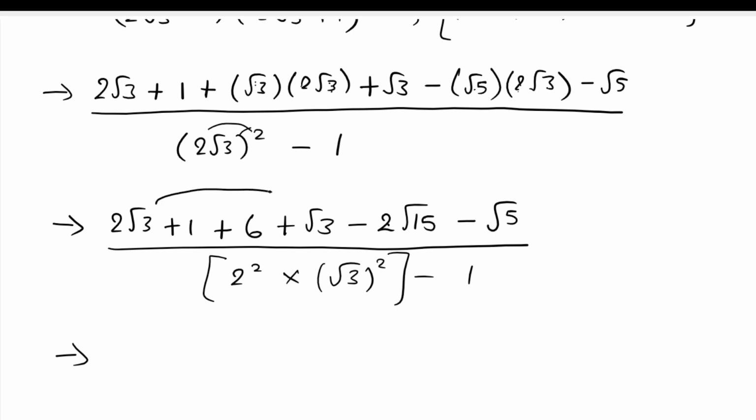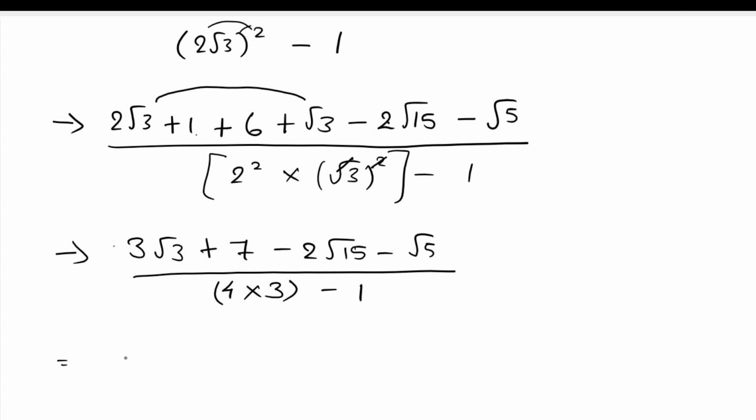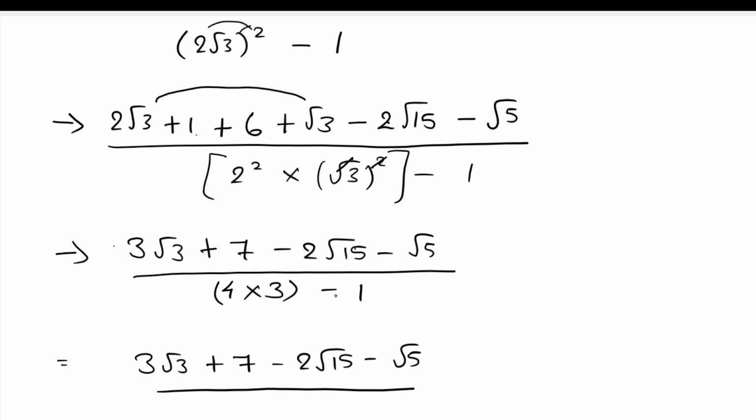This 2 root 3 and root 3 I'm adding, which will give me 3 root 3, and 6 plus 1 is 7, so plus 7, and minus 2 root 15 and minus root 5 divided by, here 2 square is 4 into, here root and square will get cancelled, so 4 into 3 minus 1. So this will become 3 root 3 plus 7 minus 2 root 15 minus root 5 divided by 4 threes are 12 minus 1 is 11.